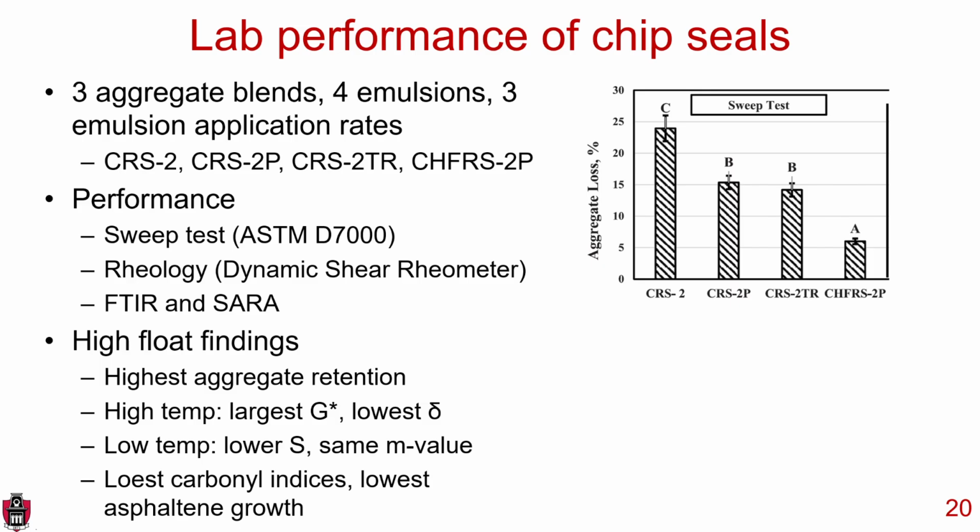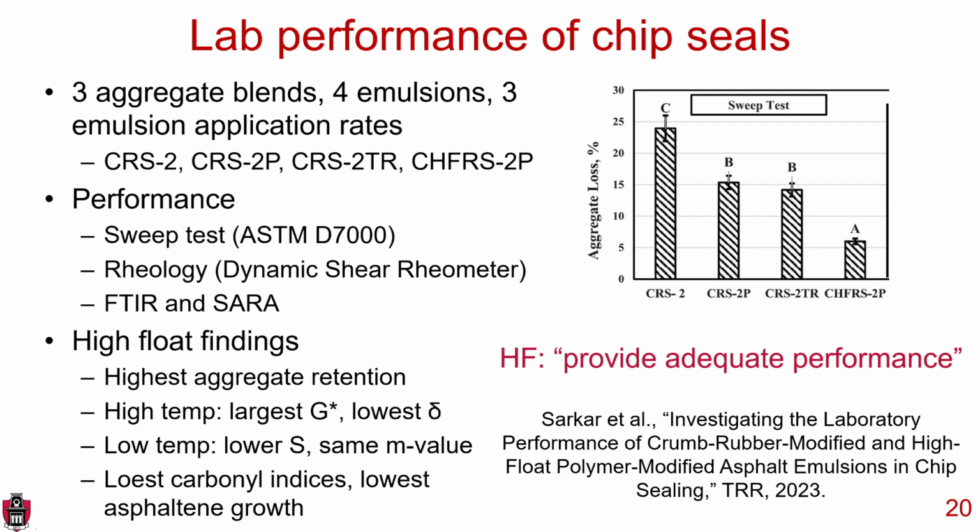And it had the lowest carbonyl indices and the lowest asphaltene growth as well, which means it was not oxidizing and it was not stiffening as much as the other asphalt emulsion residues. Their final statement was high float provided adequate performance, and you can find out more about this in the Transportation Research Record journal publication cited there below.